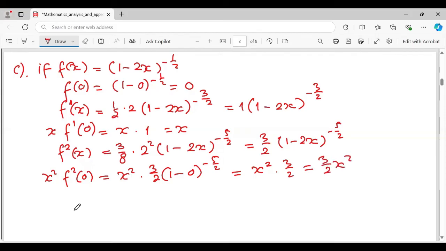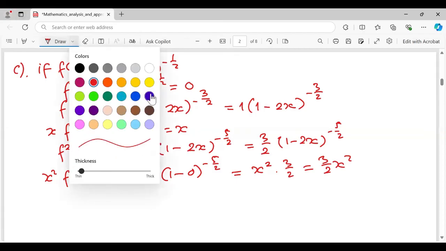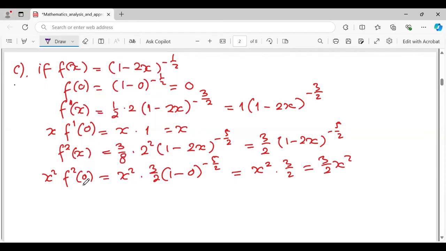Okay. So the expansion becomes 1 plus x plus 3 half x squared, and so on.